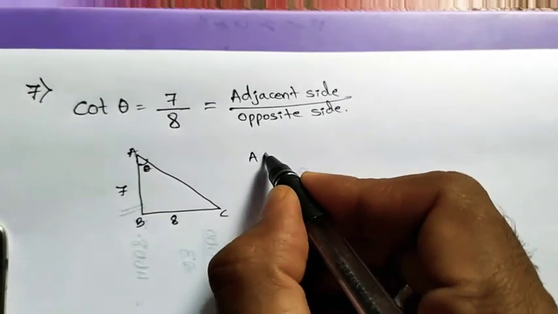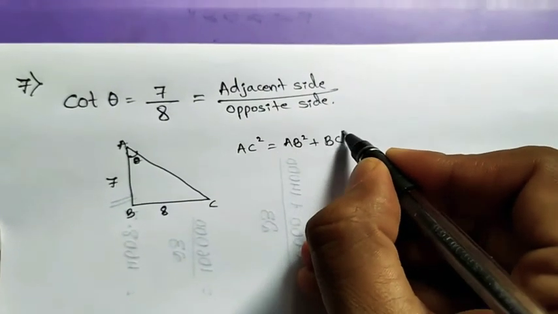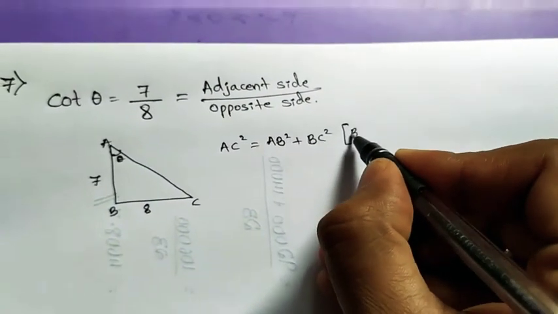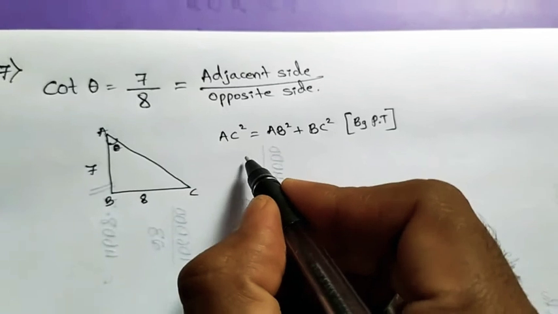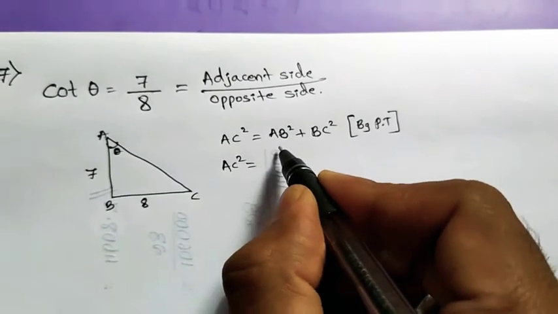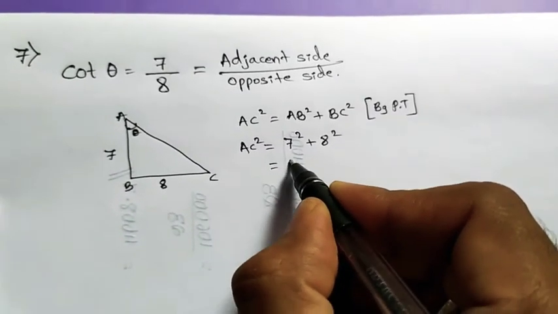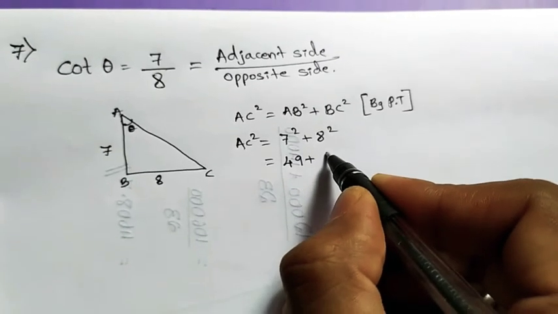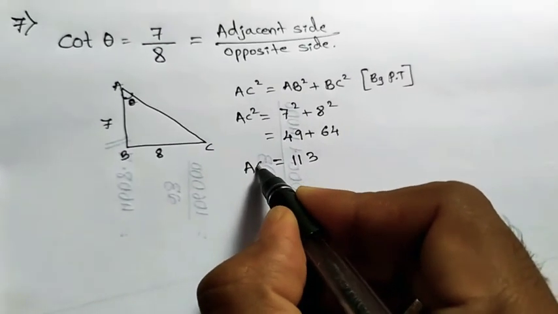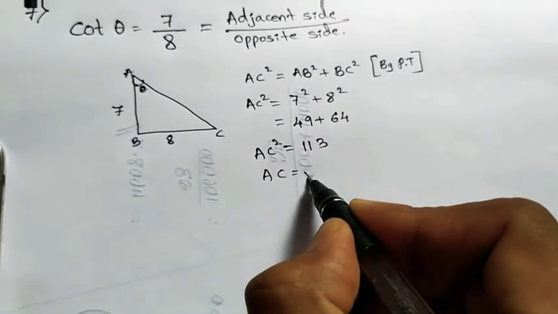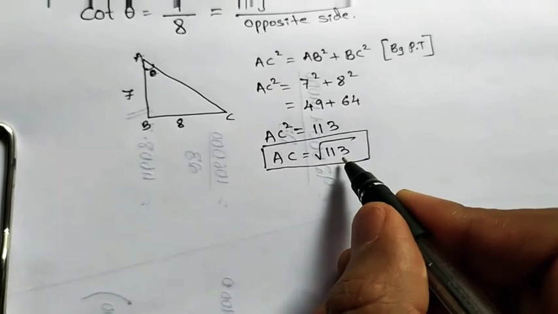Then hypotenuse AC square equal to AB square plus BC square, by Pythagoras theorem. You write the full form, Pythagoras theorem. So AC square equal to 7 square plus 8 square. 7 7s are 49 plus 8 8s are 64, so it will be 113. So AC square equal to 113, AC equal to root 113.